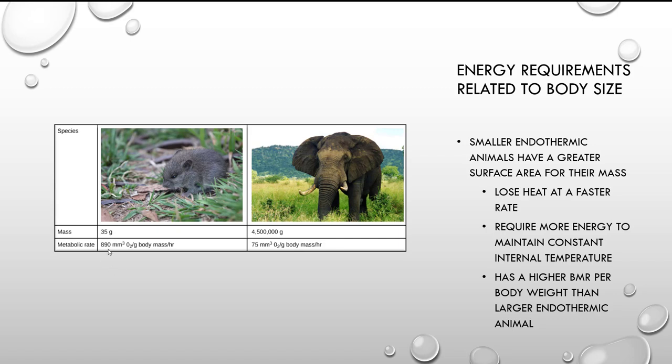Its metabolic rate is going to be a lot higher than, say, an elephant that is 4.5 million grams, because it's losing heat faster to the environment. So it needs to maintain its body temperature by producing more energy. It has a higher BMR than the larger endothermic animal, so you can see its metabolic rate is a lot higher.